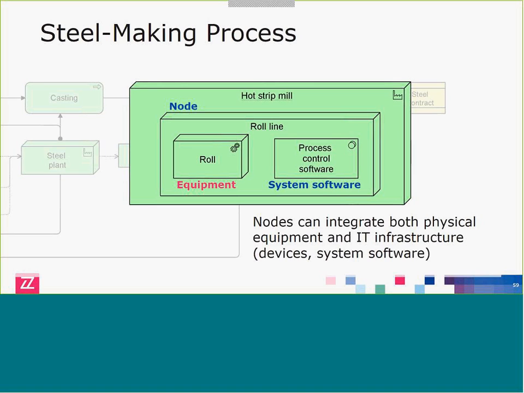This is, of course, a very high-level overview, but here you already see that you can combine the physical and the IT worlds into one single node that lets you model integrated equipment, well, IT and physical equipment. This is very useful for things like the Industry 4.0 wave, where you see that manufacturing and IT are coming closer and closer together.